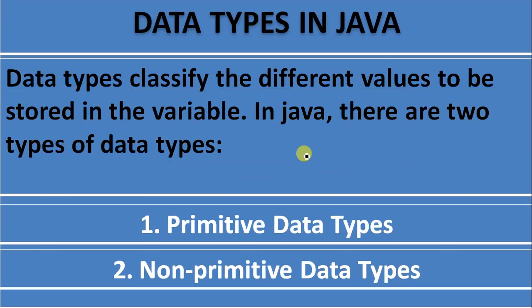Number two, non-primitive data types. So basically, data types define which type the data is, whether it is an integer type, a float type, a character type, or a boolean type. Based on these, there are two types of data types: primitive or non-primitive.